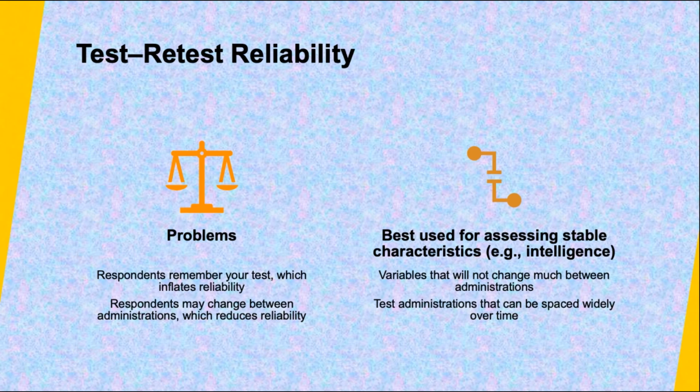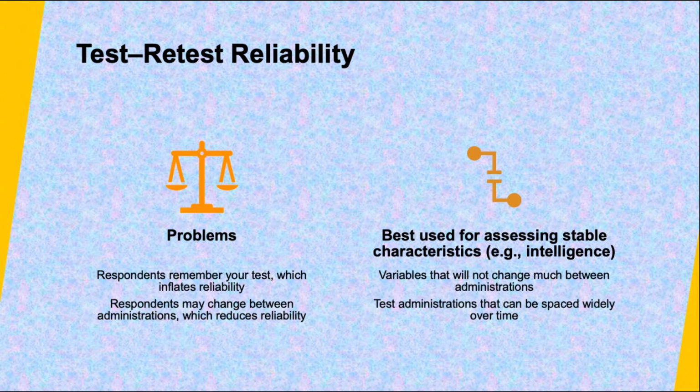First, if on the second administration participants simply recall how they answered on the first administration, the test may appear to be more reliable than it actually is. Second, a participant may change between administrations of the test. Although changes in the test scores may accurately reflect this difference, they can also make the test appear less reliable than it actually is. For these reasons, the test-retest method is best for assessing stable characteristics of individuals such as intelligence.